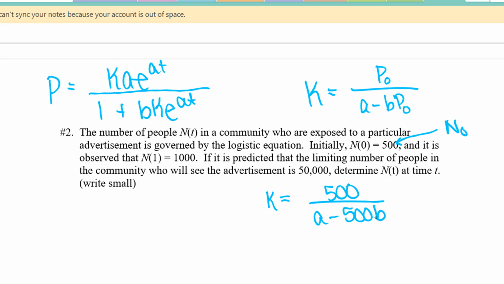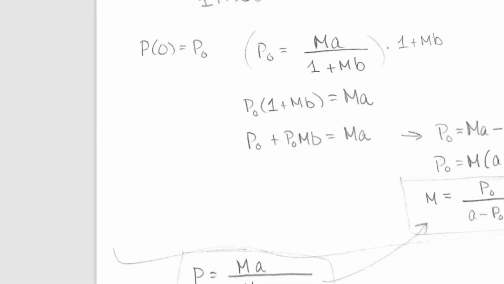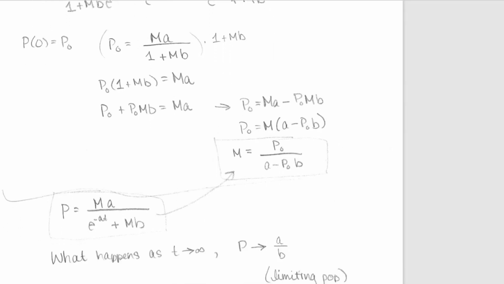The one thing, when I had it in my notes the other way, the one thing that's nice about dividing every term by e to the AT, or multiplying by e to the negative AT, is it's pretty easy to see what happens as t goes to infinity, because the MA and the MB don't even have a t in them. And when we divide 1 by e to the AT, we just get e to the negative AT.